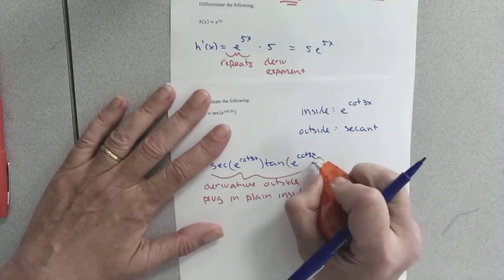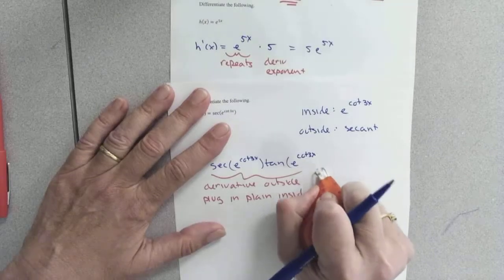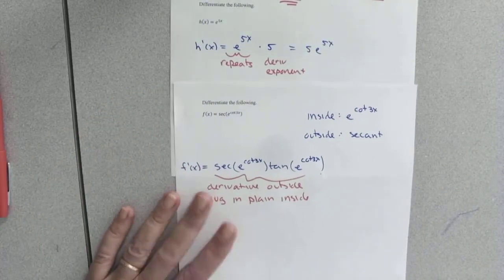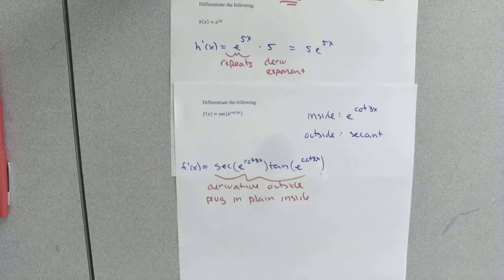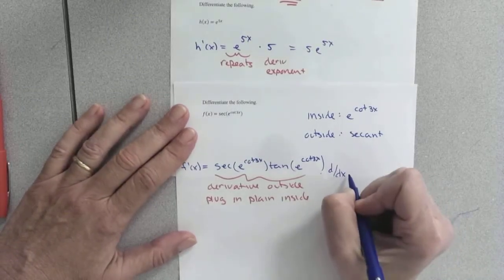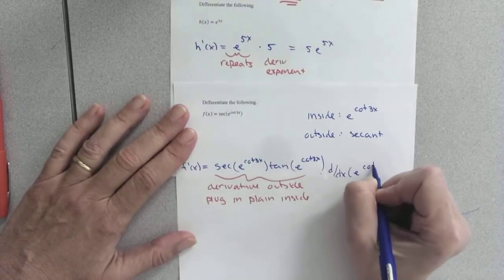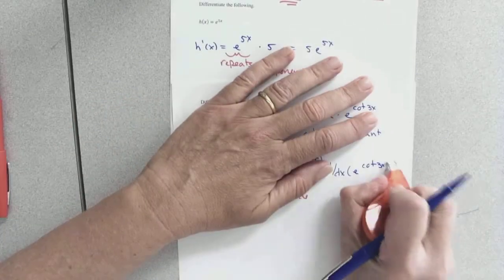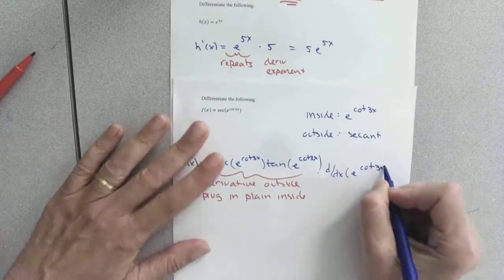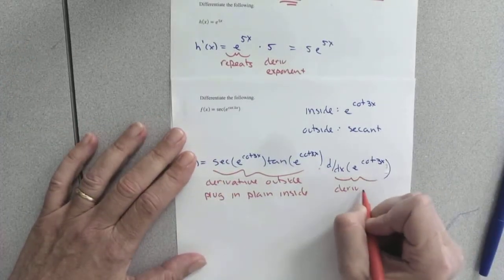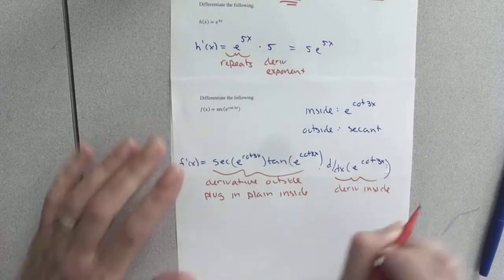And that also corresponds with that my angles do not change, my arguments do not change. So since my original argument was e to the cotangent 3x of my secant, for my secant tangent, it's still e to the cotangent 3x. Then the rest of the chain rule, times the derivative of the inside. And so there's derivative inside.